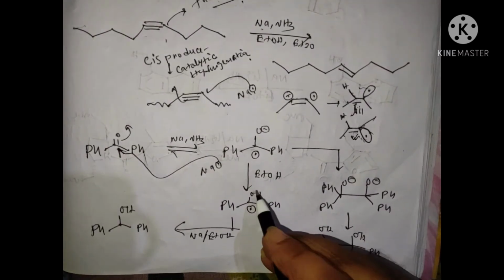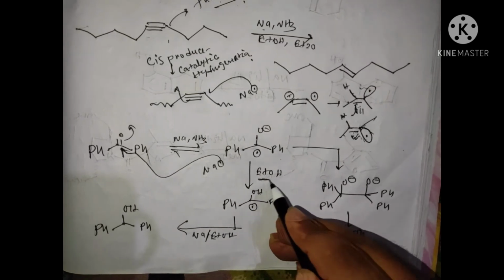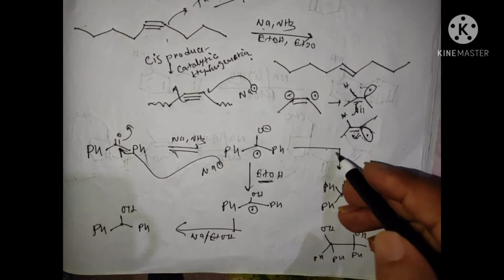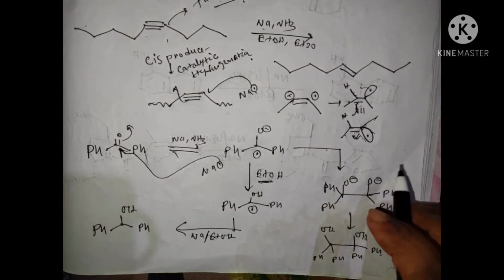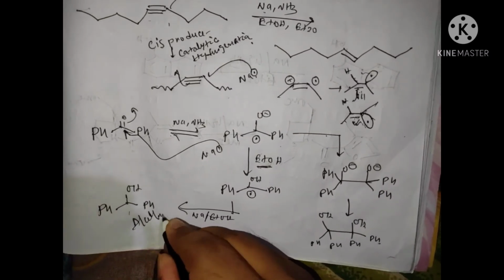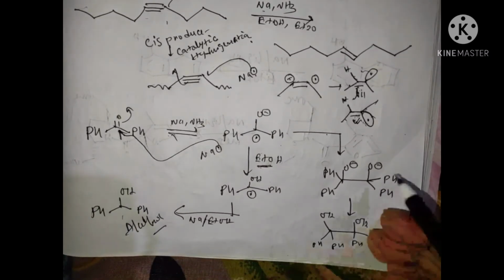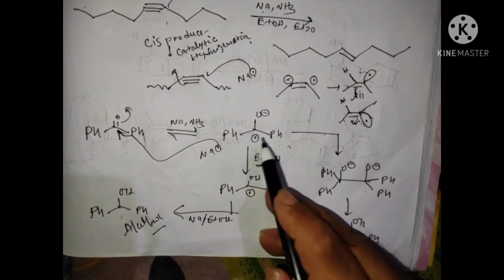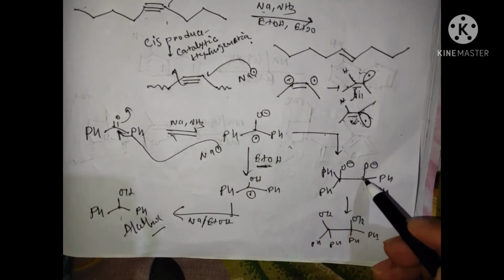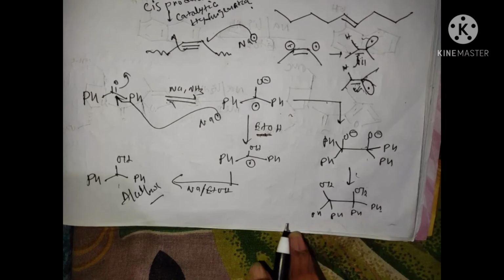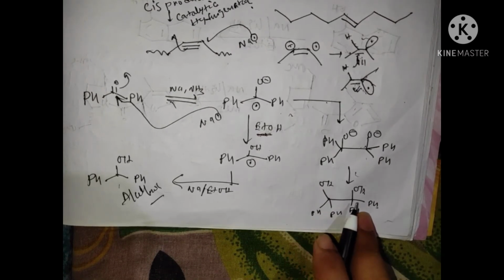In one case we provide EtOH, and in the other case we don't. If we provide EtOH, it is converted to alcohol. If we don't provide EtOH, this radical can dimerize, and we ultimately get a pinacol type of product.